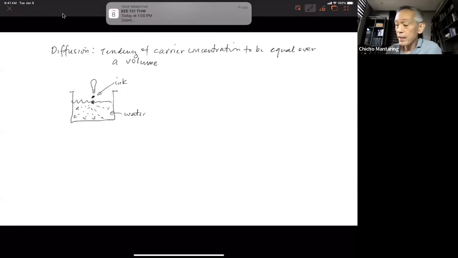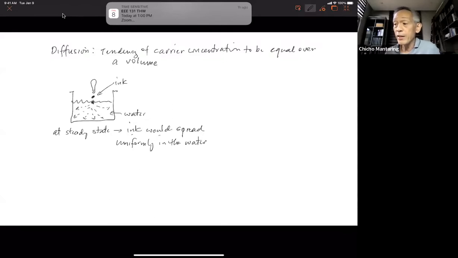And at steady state, the ink would have spread uniformly in the water. That's at steady state. So that's to illustrate diffusion. It's a tendency of carrier concentration.